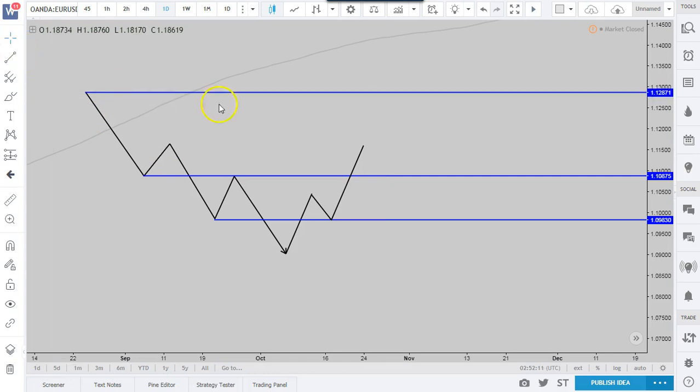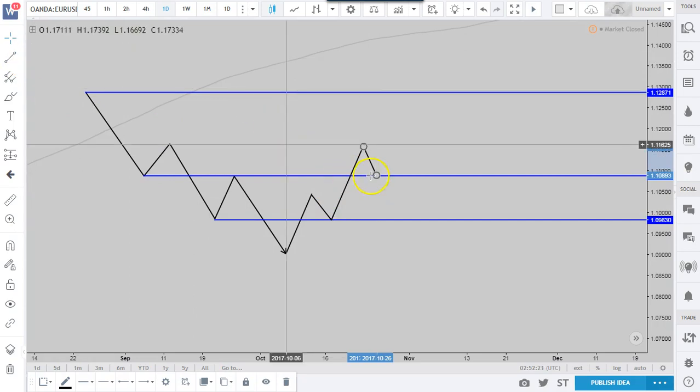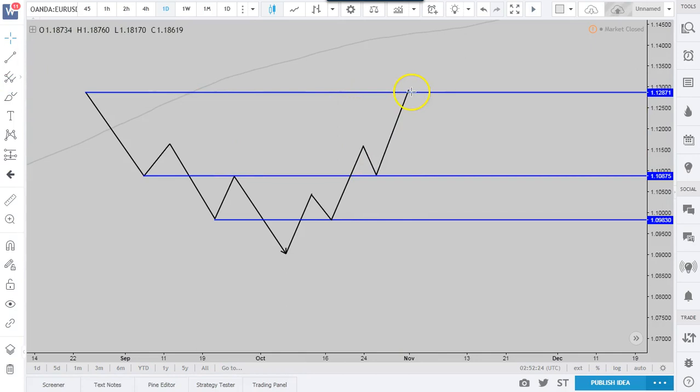And then you can also see a new high right here, low, and a new high right here, a low right here, correction. That's how the market goes: high, low, high, low, high, low.